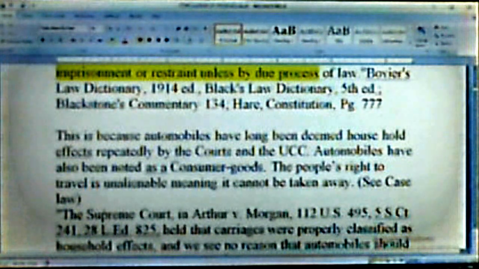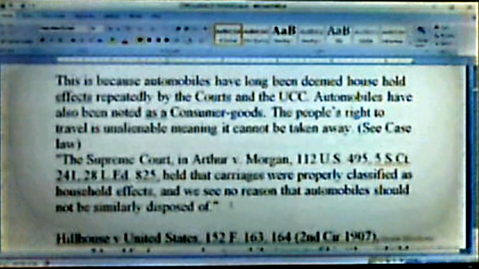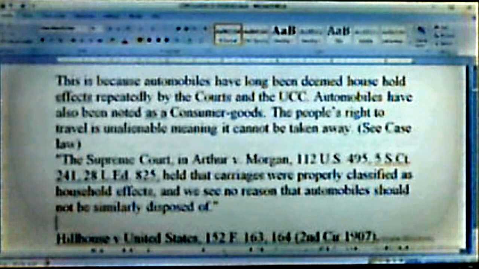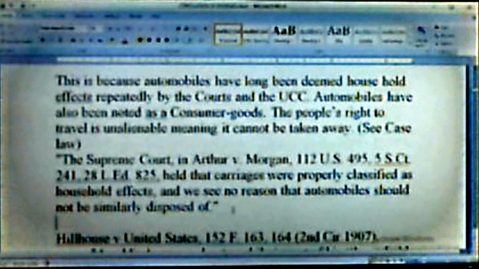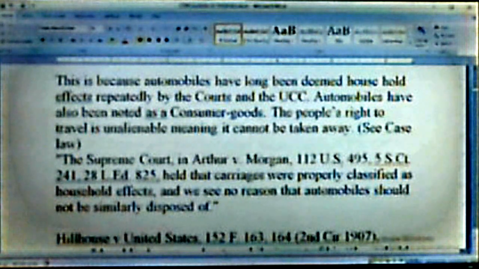This comes down to the judges making an ever greater grasp on power in both the state and the federal, because they feel they have a right to dictate to others how they should use their property. And here we go, in the Supreme Court in Arthur versus Morgan, 112 U.S. 495.